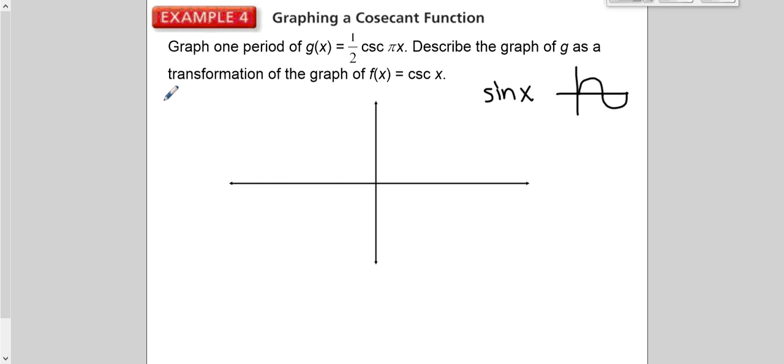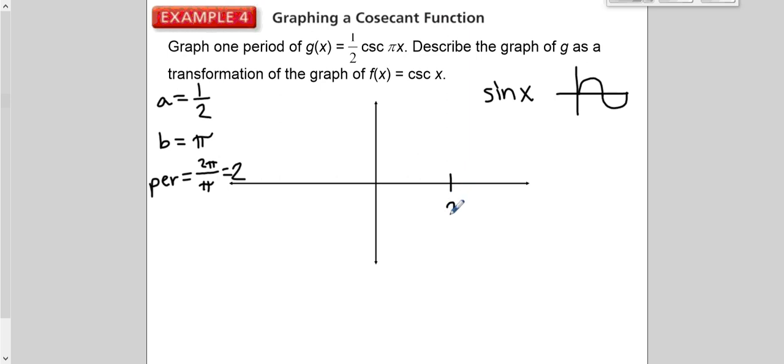Okay, we need to figure out the period. We have an a of 1/2. We have a b that is pi. The period then is 2 pi divided by b. So the period is 2.